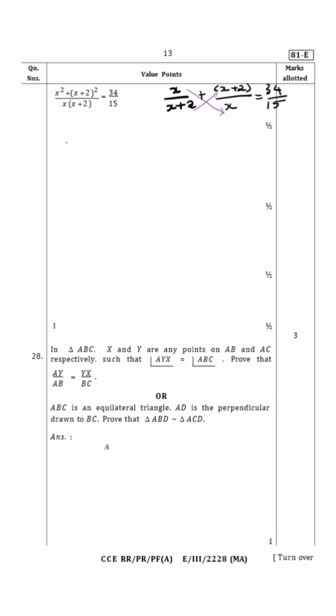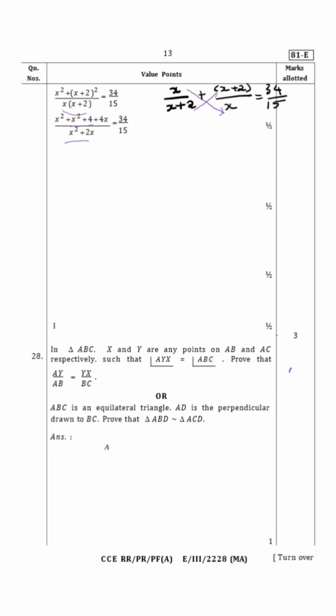Now let us expand x plus 2 the whole square by using the formula a plus b the whole square, which is x square plus 4 plus 4x. Here x into x plus 2 is x square plus 2x.